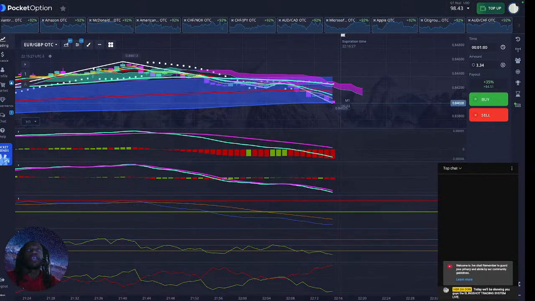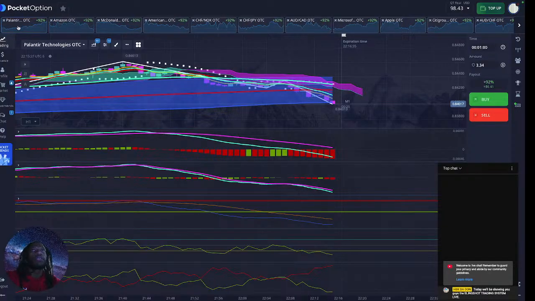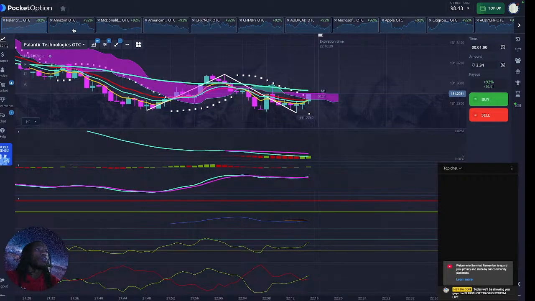That way you don't necessarily have to overtrade, and you can always use small amounts of money to make big amounts of money. And that's our goal, guys. All right. We always want to make.